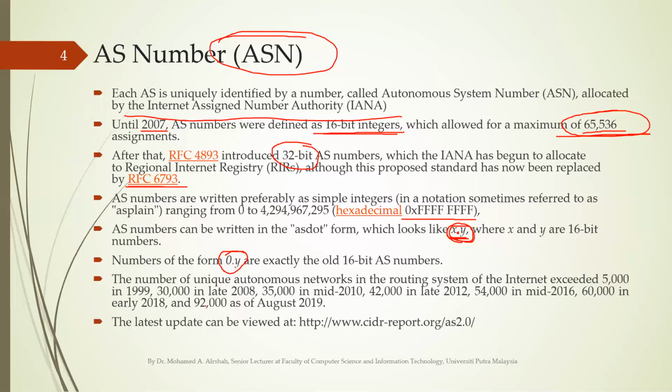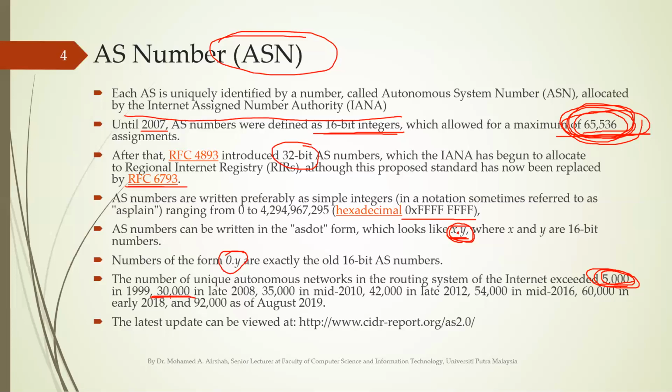As you can see here, at the beginning, when they created the standard as 16-bit, the number was somewhere around 5,000. That's why they felt like this 16-bit could cover all needs. But after a while, they realized that this number was no longer going to work.